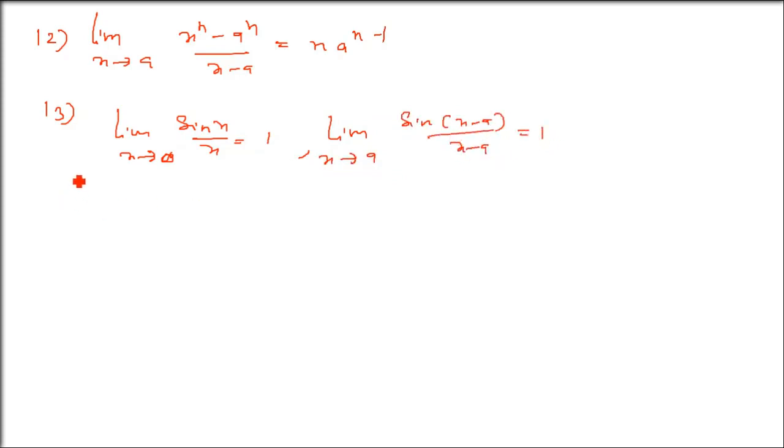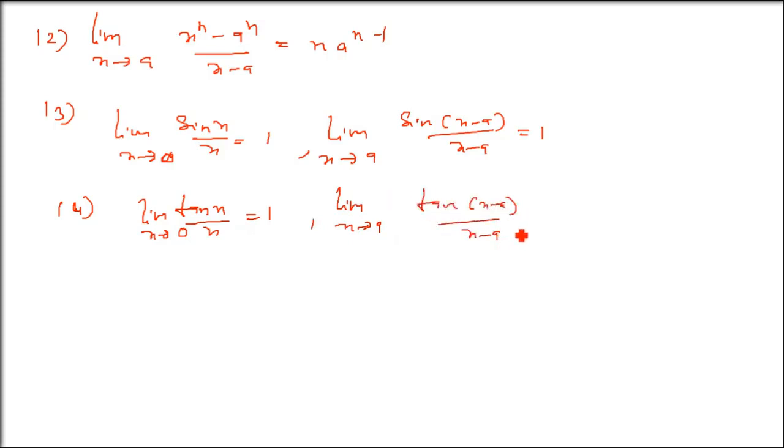So sin(x − a) by (x − a) is going to be 1. Similarly for tan also we have. So tan x by x, limit x tending to 0, is going to be 1. And limit x tending to a, tan(x − a) by (x − a) equals 1.